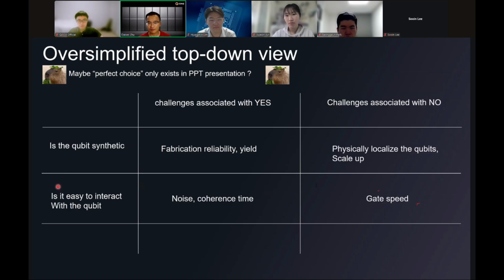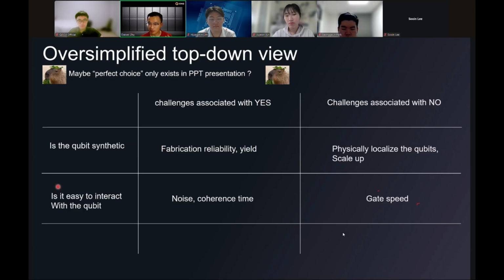And you also have the choice of which elements you choose to make the qubit. What is the qubit, right? For example, you can make your qubit some easy to interact with quantum state. For example, ion is charged. If you want to use the motion of your ion, the quantized motion of the ion, as your qubit, you can do that.